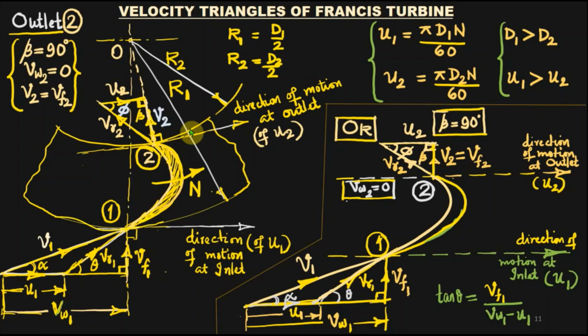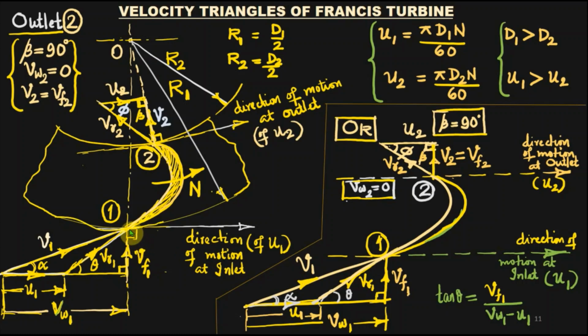Similarly, the direction of motion of the vane at outlet is a line perpendicular to O2 at the point 2. So 2 is the outlet. So if you draw a tangent to the runner wheel at the point 2 perpendicular to the radius O2, which is equal to R2, that is this line, that will indicate the direction of motion of the vane at outlet.